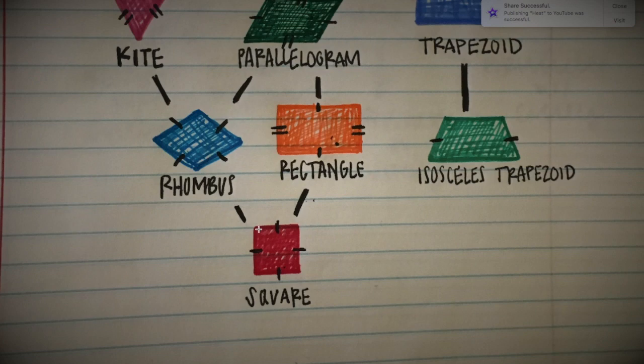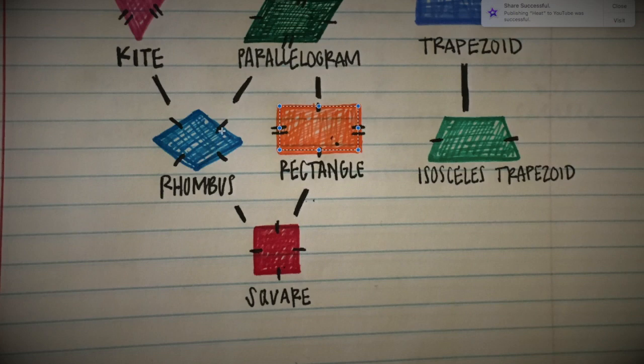So congruent is another way of saying the same or equal to. So when we say a square has four congruent sides, it means it has four sides that are the same length. And a square also has four right angles or 90-degree angles, which is a qualification for our rectangle, right?